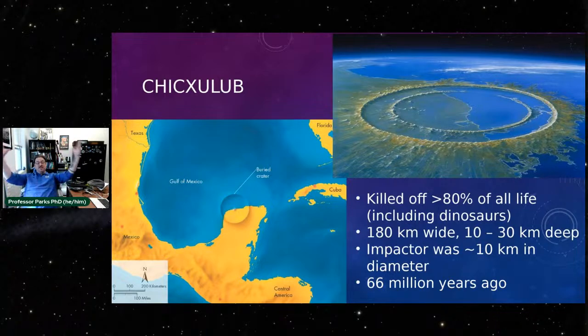It actually mixed into the atmosphere and hung in the atmosphere for a considerably long time. And it caused, in other terms, a nuclear winter. It blocked out the sun. It changed the chemical composition of the atmosphere. There was more carbon dioxide, less oxygen per unit volume. And so things just froze and suffocated to death for the most part.